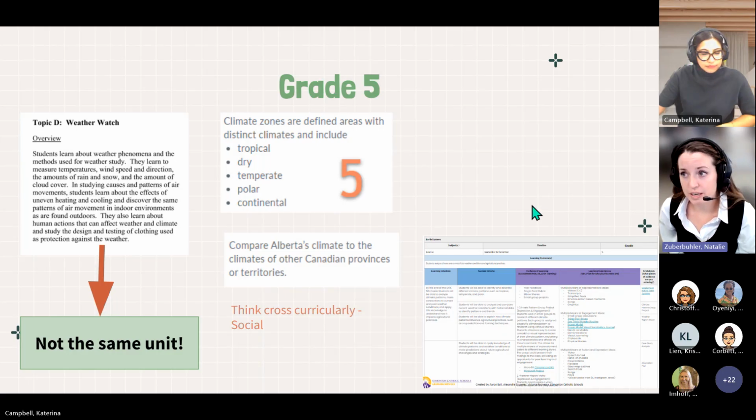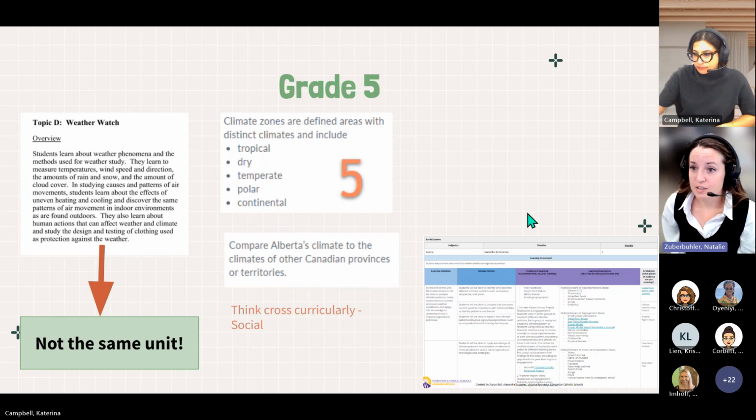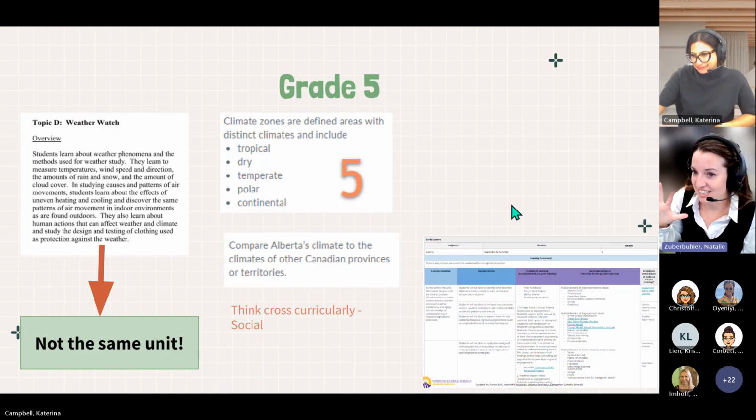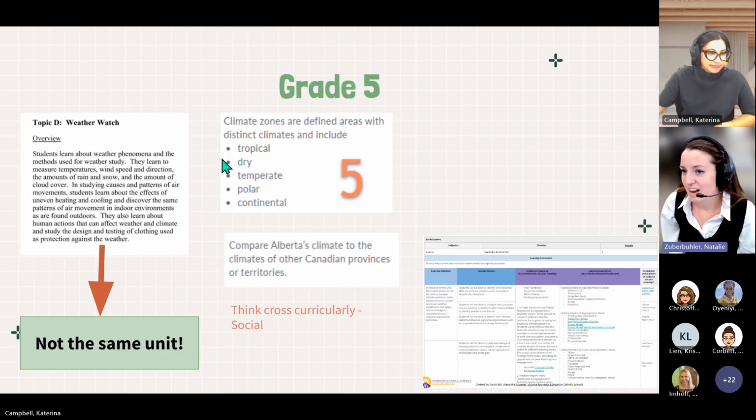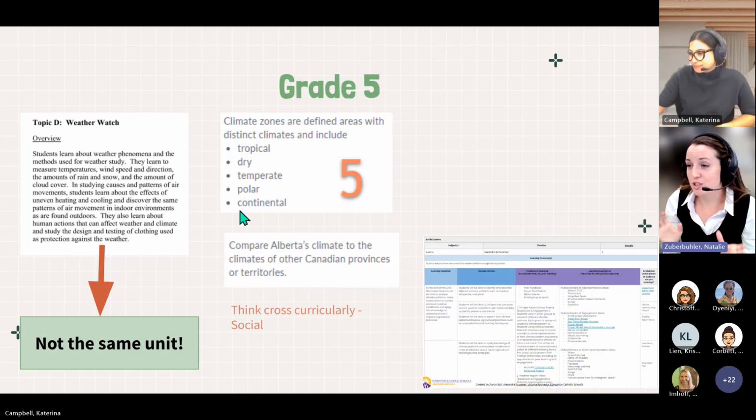Too, a lot of you have written me and said, Natalie, there's 6 climate zones. And I say, yeah, I know, but you only need to address 5 in science: tropical, dry, temperate, polar, and continental. There's a really fun curriculum crate that kind of goes on some Google Earth journeys to help you with that if you would like.